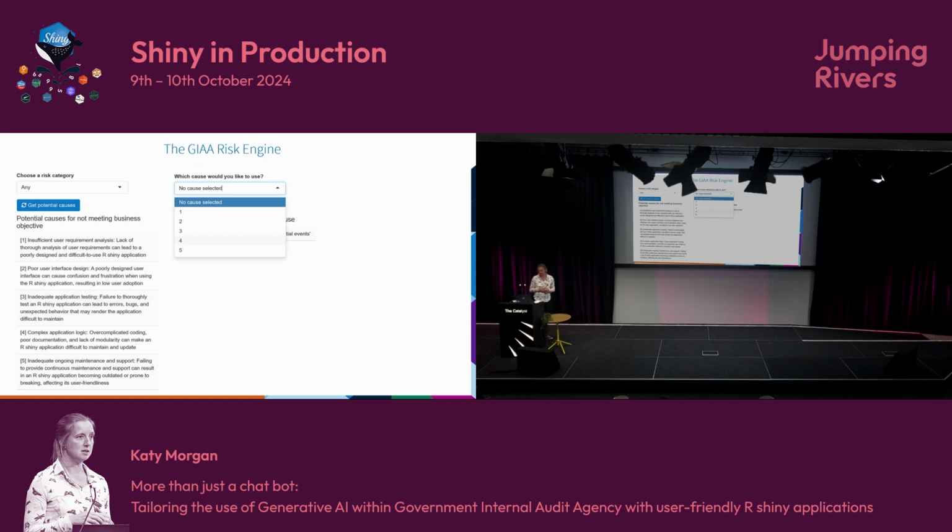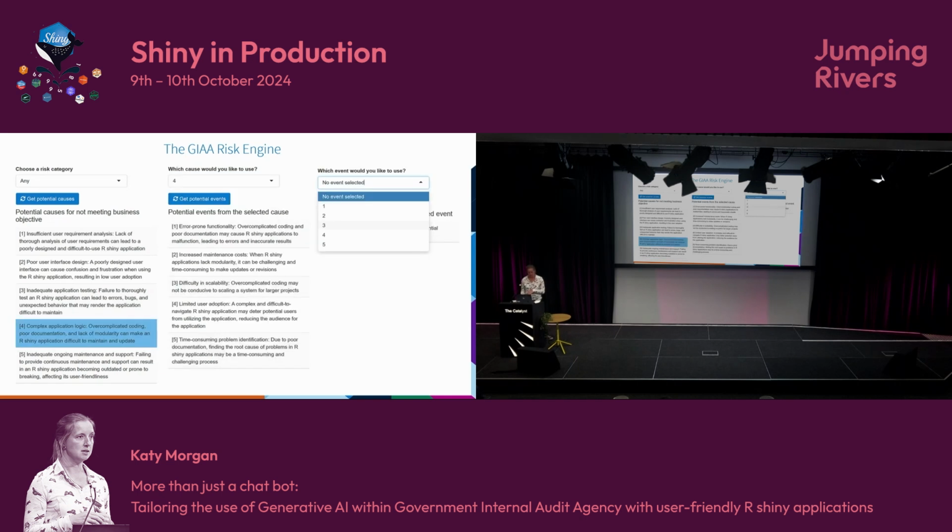The next step is, once the user has their 5 causes, they select one of them and click on another button, which again sends another custom prompt to GPT to ask, for that cause, what are 5 potential events that could be associated with it. I chose complex application logic and got 5 potential events.